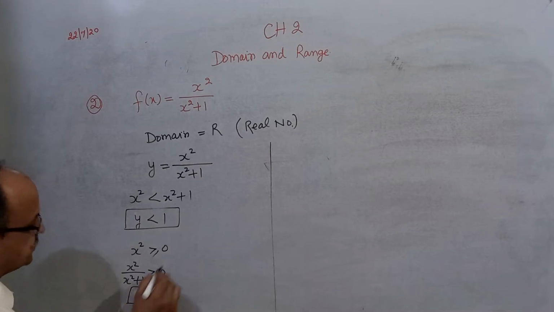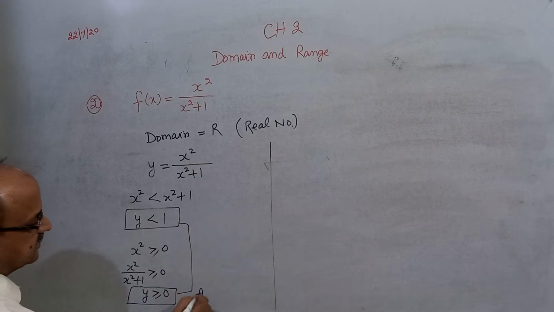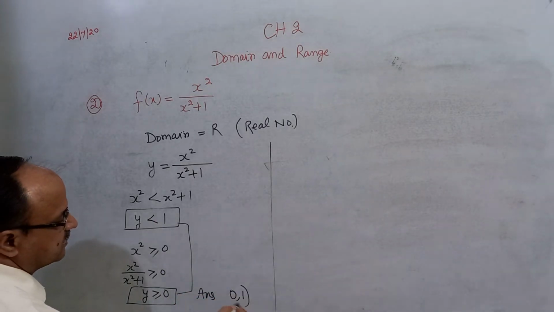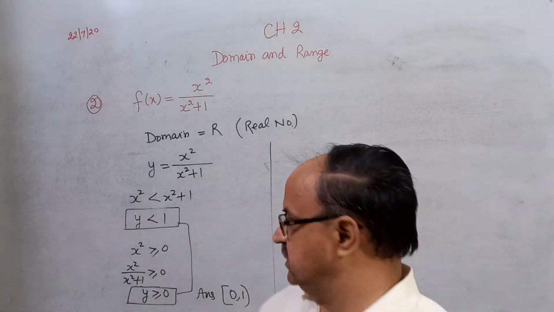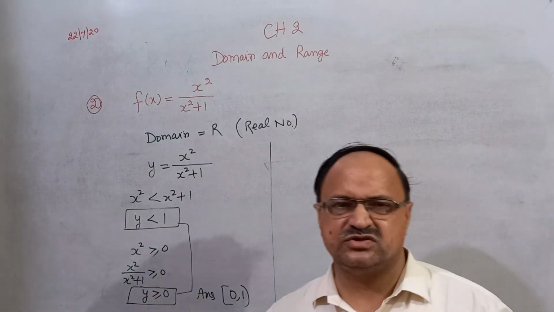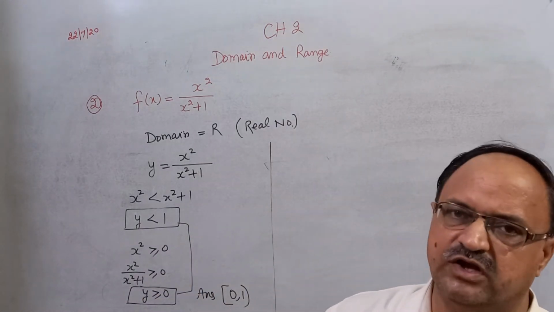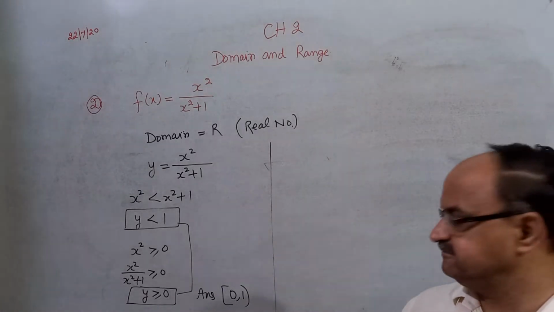If I combine these two results, the answer is 0 to 1. You can check this point, because the square of any real number is always greater than or equal to 0. When you put 0, the result is 0. Otherwise, the result is a positive real number.